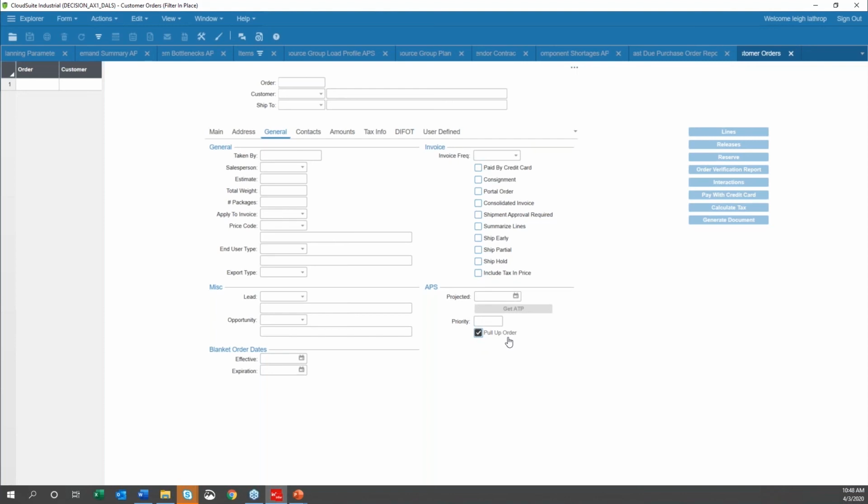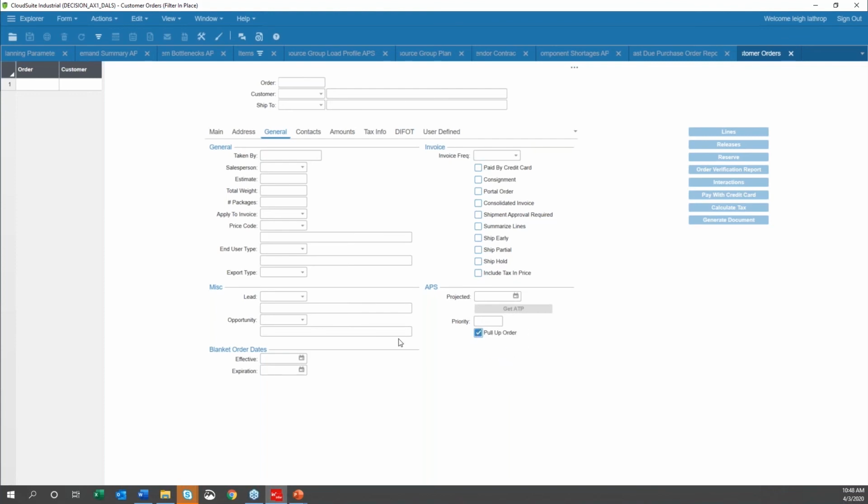APS planning is going to try and grab and pull forward demands that were previously pushed out. I'm making it sound really simple. It's not just as simple as pull up order, right?